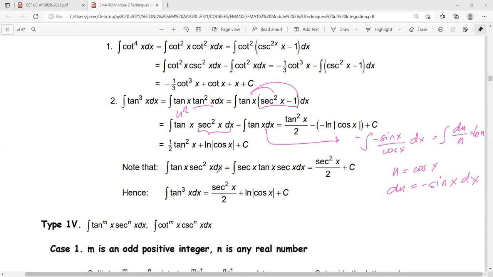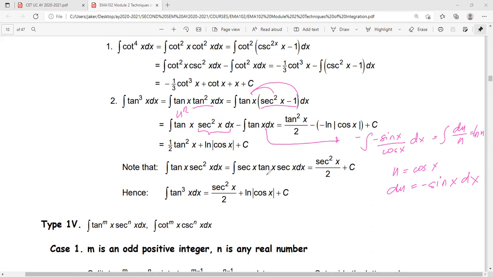Now, there's a note here that tangent of x, secant squared of x dx, can also be, after this one, where is it? Oh, wait, plus. This one, after this particular multiplication of the tangent of x to the identity here, you will have tangent of x, secant squared of x dx.